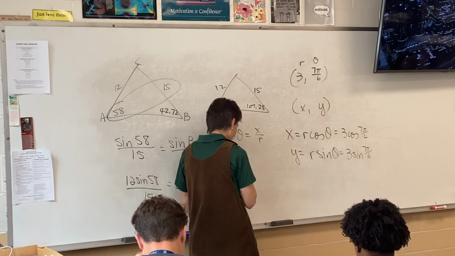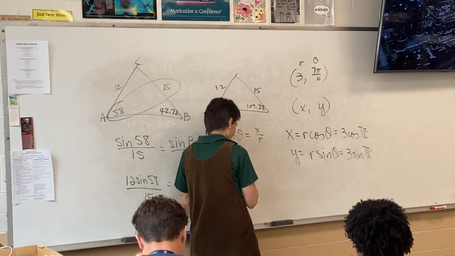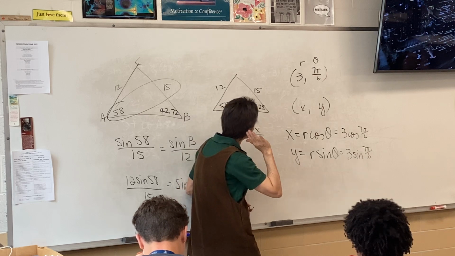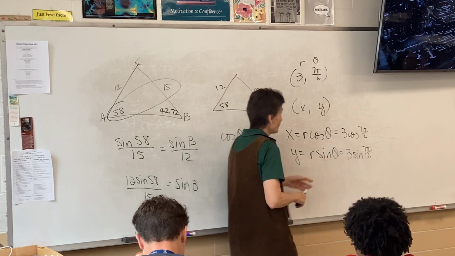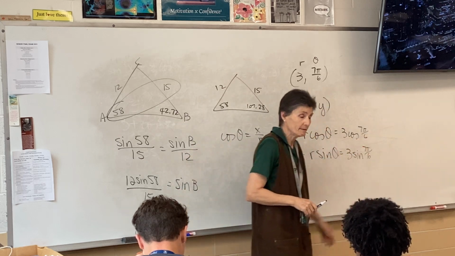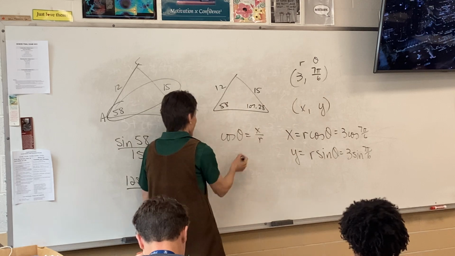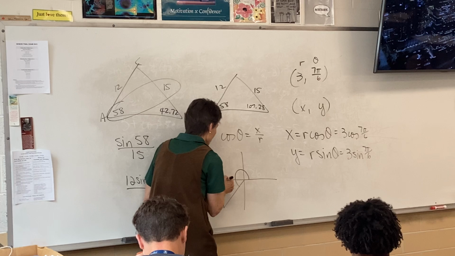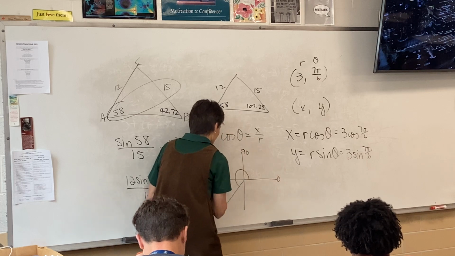So what's 7 pi over 6 in terms of degrees? Pi is 180. So it's 210. Yep, it's 210 degrees. So I'm going to draw 210 in my standard position framework.